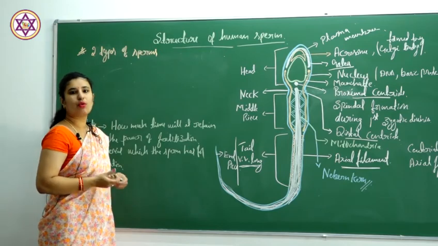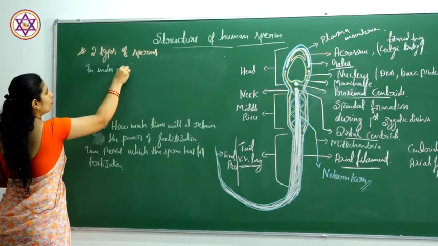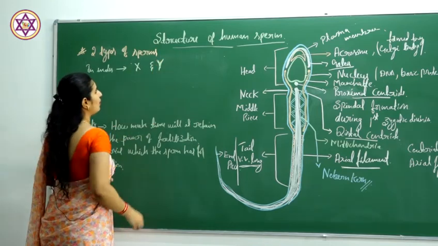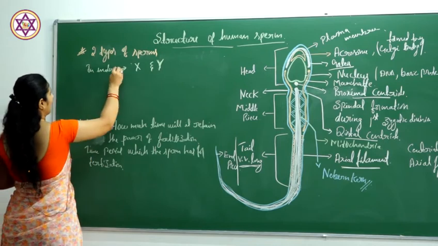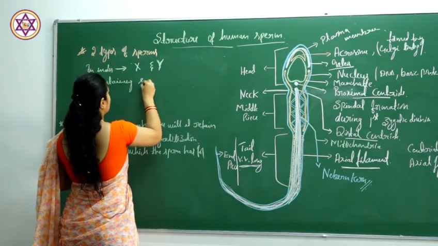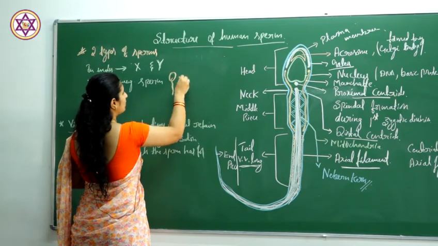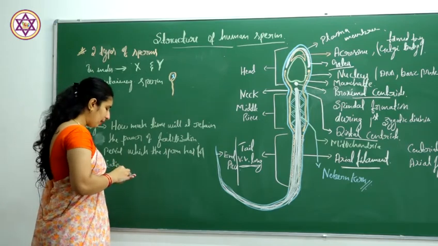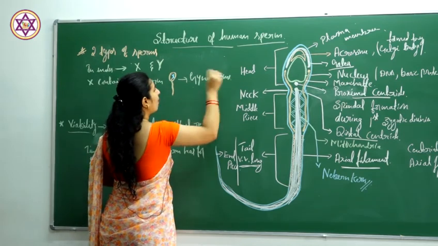As we all know, in males the sex chromosomes are X and Y. The X-containing sperm, we can draw it like this, this is the sperm, it contains X. This is called a gynosperm.